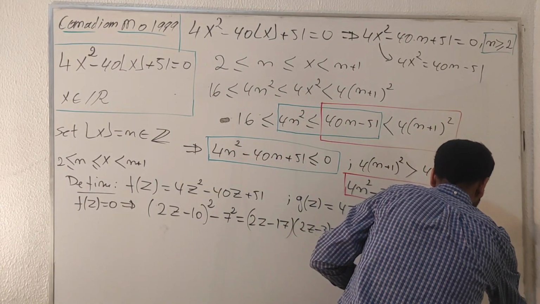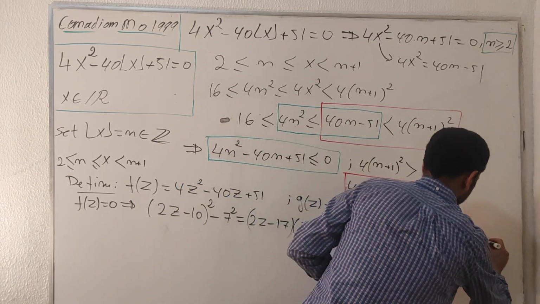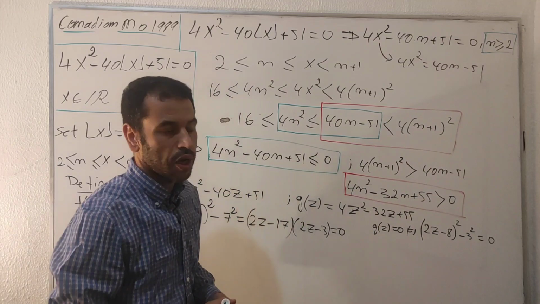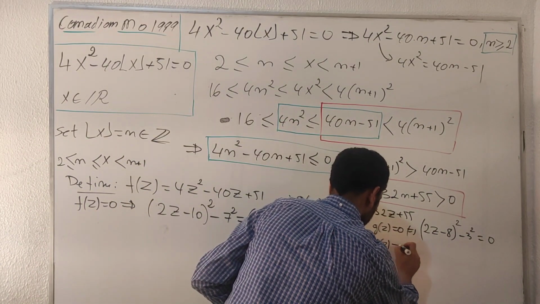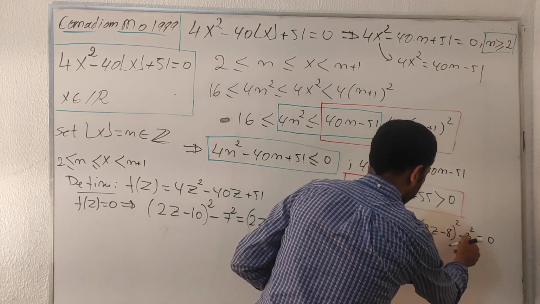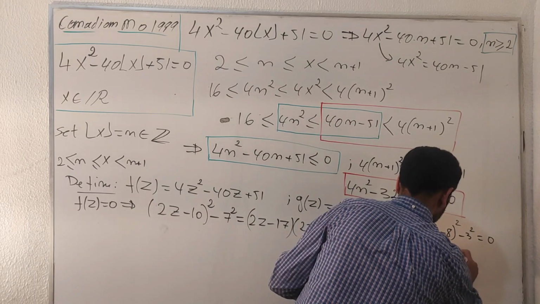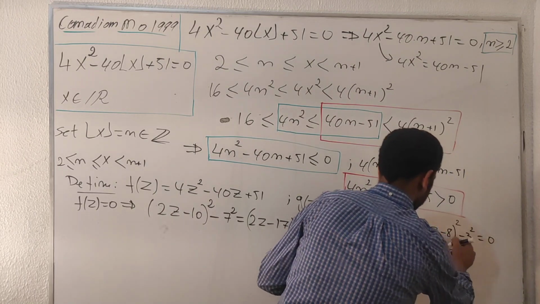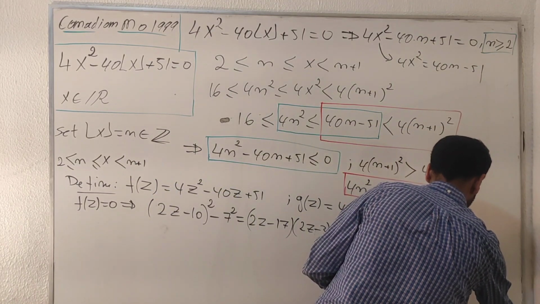Minus 9 is the same as minus 3 squared, equals 0. Since we have a difference of two squares, I'm going to factor that. I get g of z equals (2z minus 8 minus 3), which is minus 11, factor (2z minus 8 plus 3), which is minus 5, equals 0.